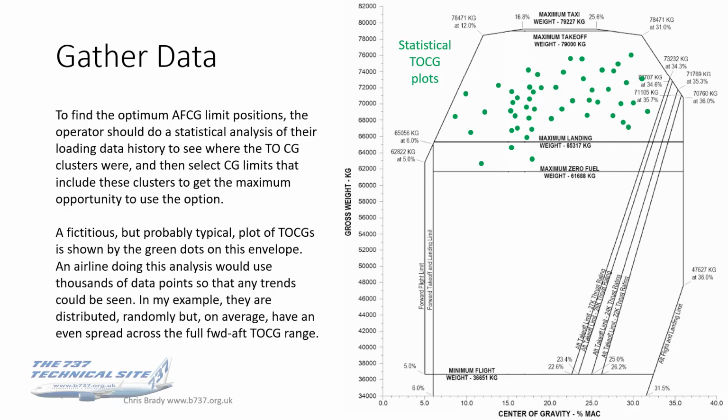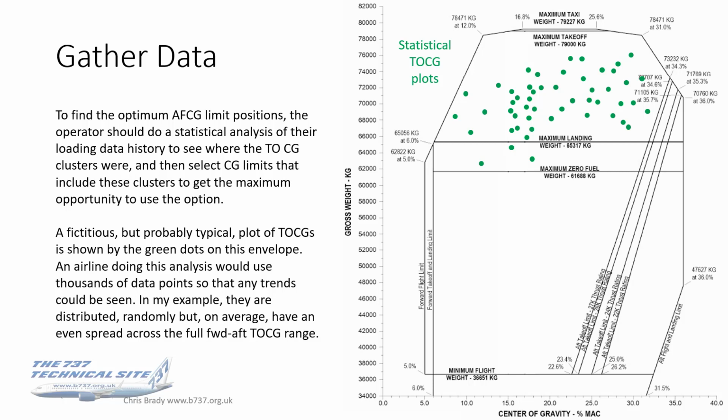Now, I've just roughly drawn something out here, so this is fictitious, but it's probably not an untypical plot of takeoff CGs where I've put a green dot on the envelope where each particular takeoff CG was. Now, an airline doing this analysis would use, I would hope, thousands, if not tens of thousands of data points.